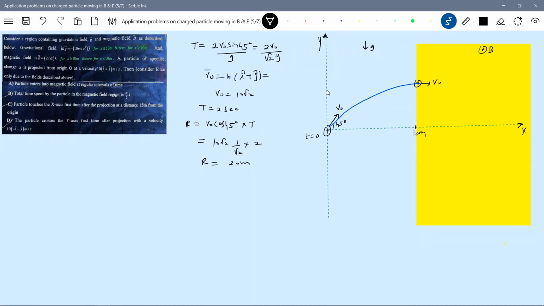This is v0. Okay, now in what direction will the magnetic field act here? The magnetic field is out of the plane, so the magnetic force will act downward. So there's a parabolic path, and the magnetic force will act downward. So it should deviate.